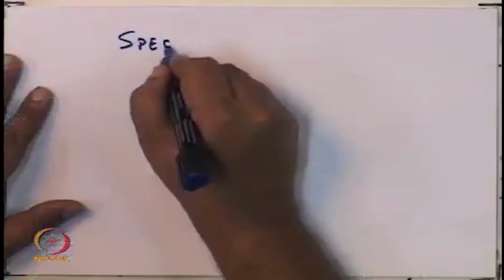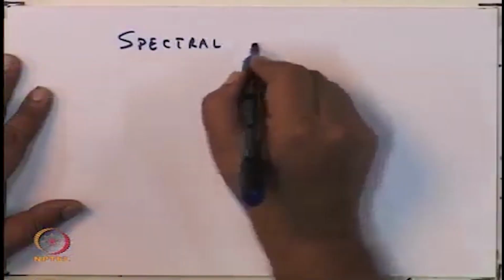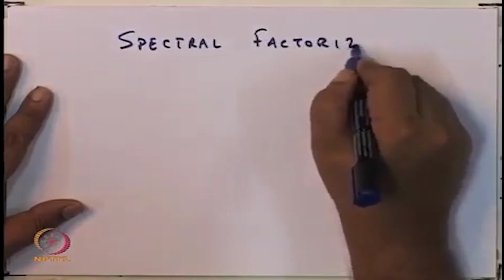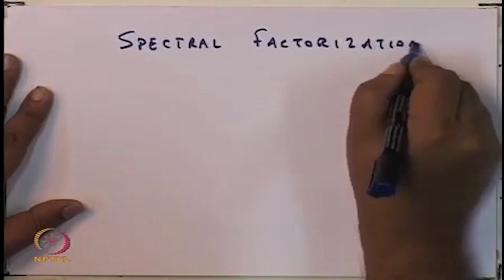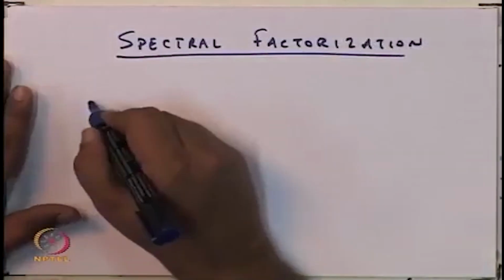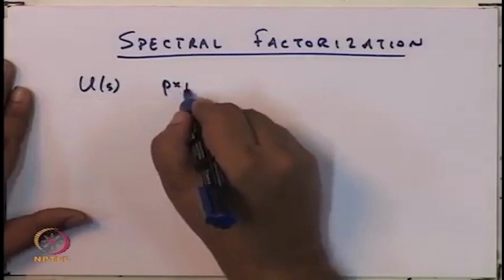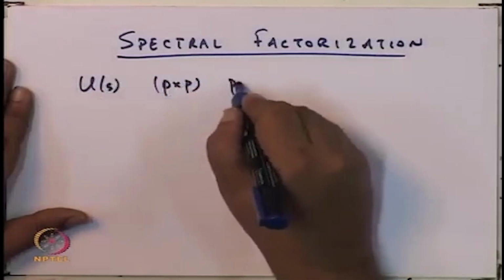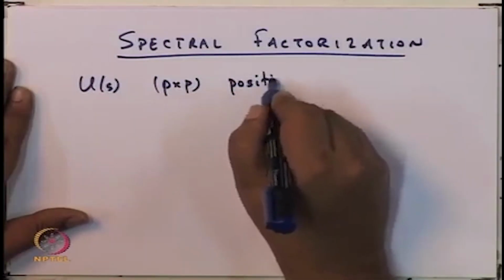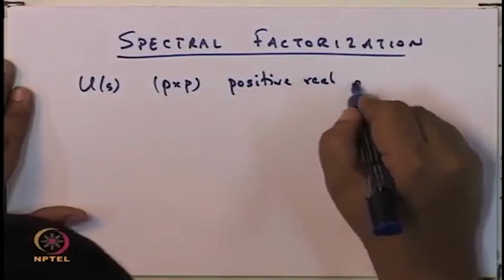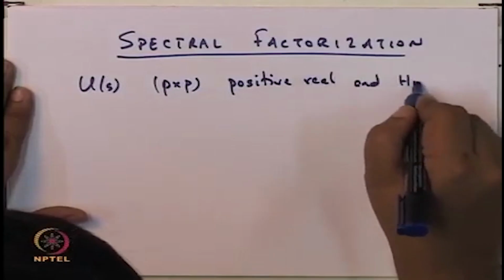perhaps I'll just use a new sheet. So we are talking about spectral factorization. Suppose you have a U(s) which is a P cross P positive real and Hurwitz matrix.